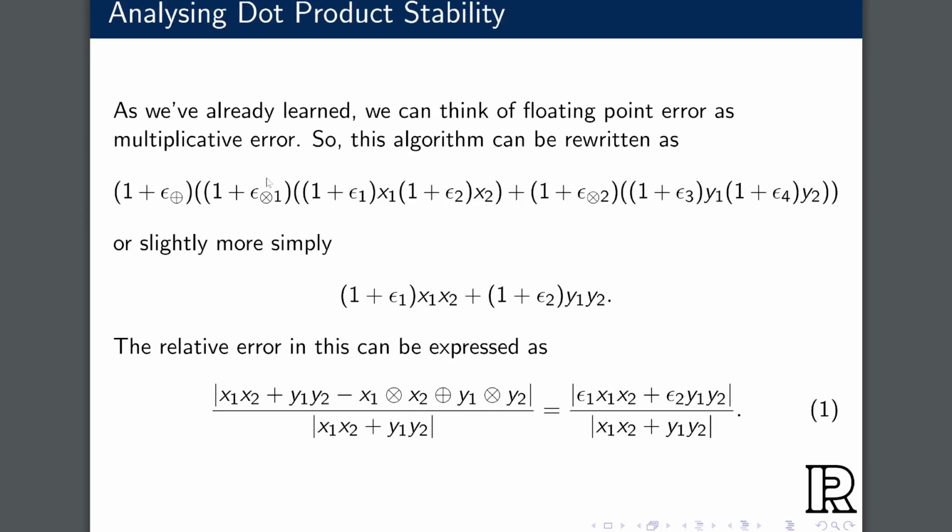But if you do all the algebra, you end up getting a different epsilon 1 than the original one, but you just get some error times this product plus some error times this product. You just multiply everything out, you group all the errors together, and you get this.